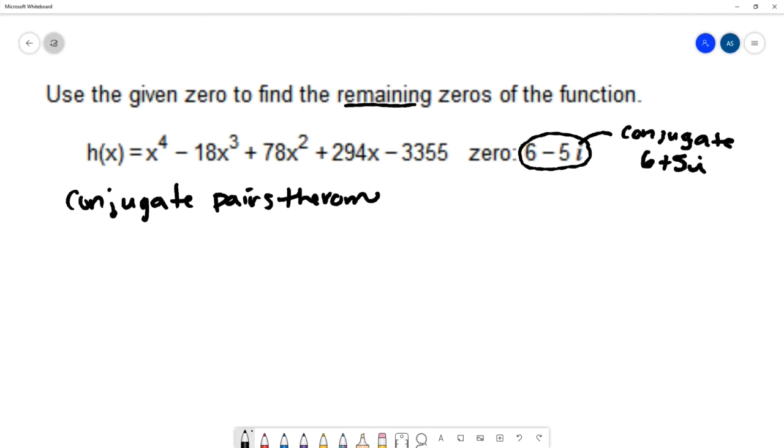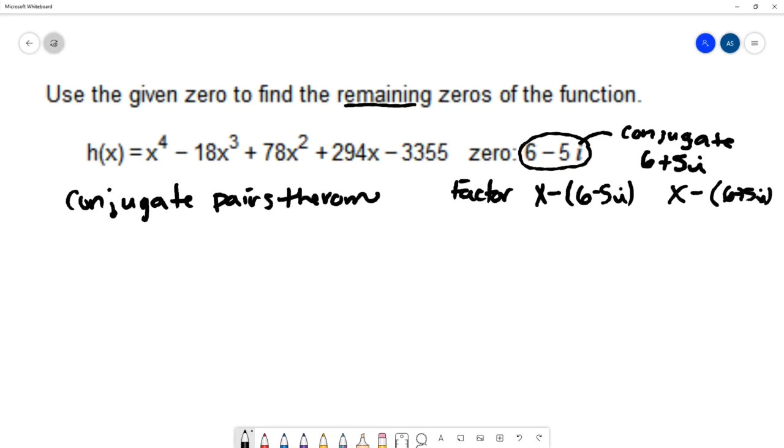So what I'm going to do is I know that when I have a zero of 6 minus 5i, there will be a factor of x minus 6 minus 5i. And since we have a zero of 6 plus 5i, I will have a factor of x minus 6 plus 5i.